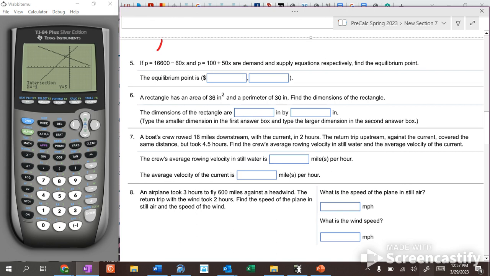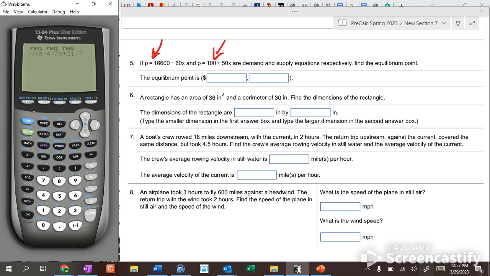Now, if P equals this and P equals this, and these are the supply and demand curves, to find the equilibrium point, you graph them and check where they cross. So I have 16,600 minus 60x, and then 100 plus 50x.